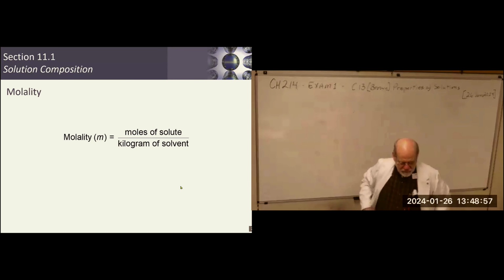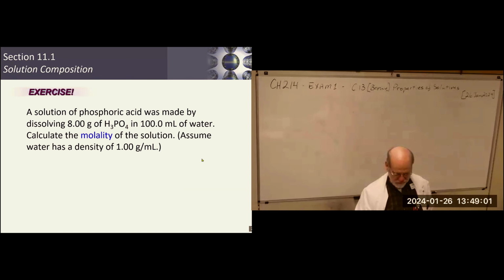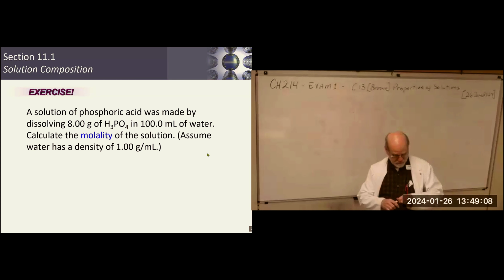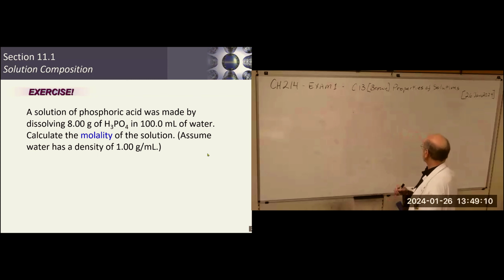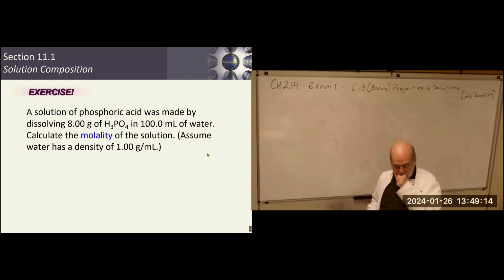Okay. Now we're down to molality. I'm going to try a problem with molality. A solution of phosphoric acid was made by dissolving 8 grams of H3PO4. Well, that was the same amount as before, wasn't it? I'm sorry.